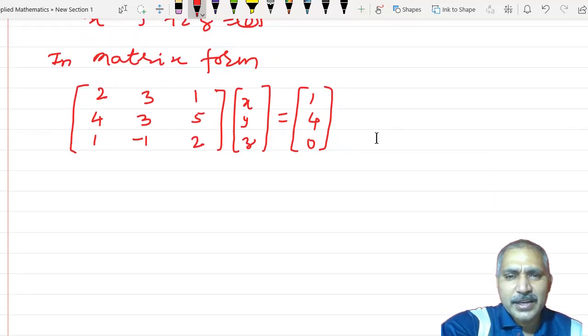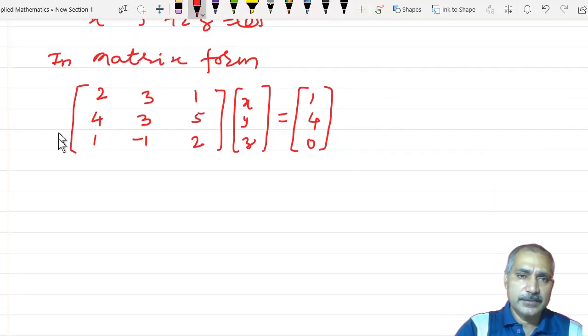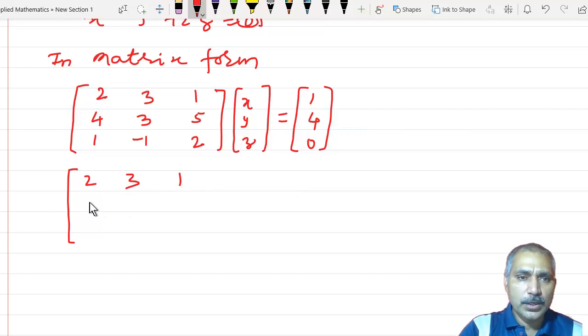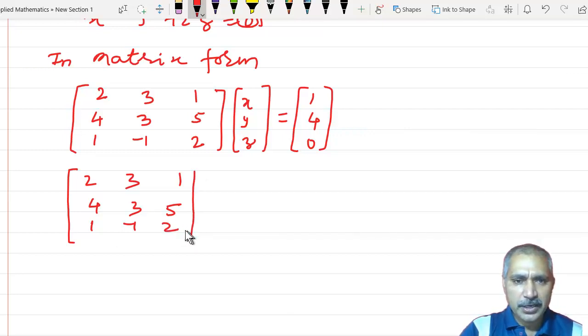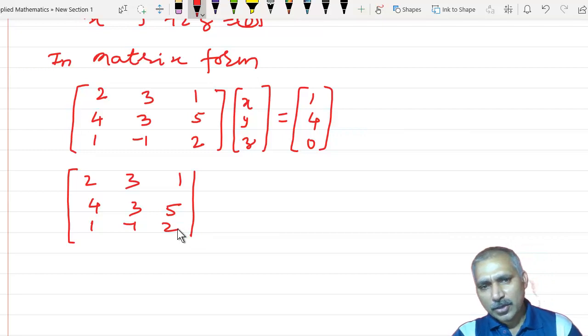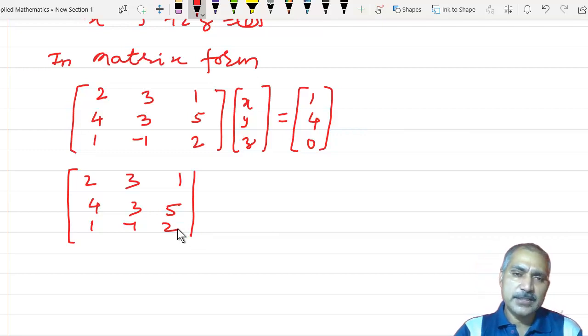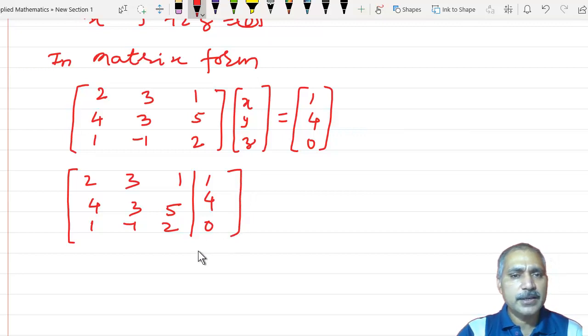Now if we take the right side to the inside, we write 2, 3, 1, 4, 3, 5, 1, minus 1 and 2, and we put a straight line here. In some books they use a dotted line, and in some places a vertical straight line. Then the right side will come here: 1, 4 and 0, and then we complete this matrix.